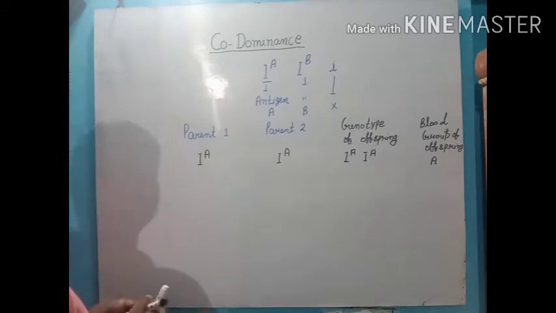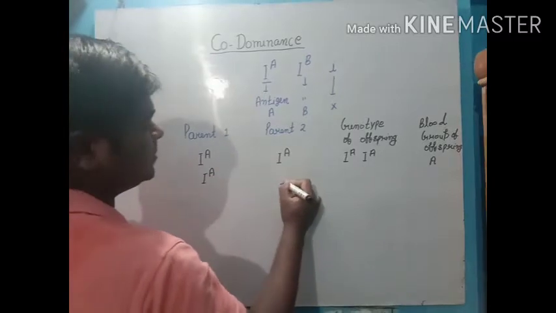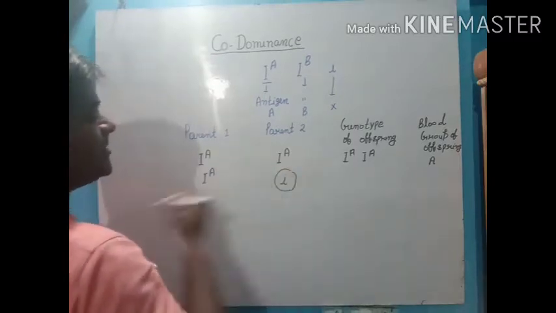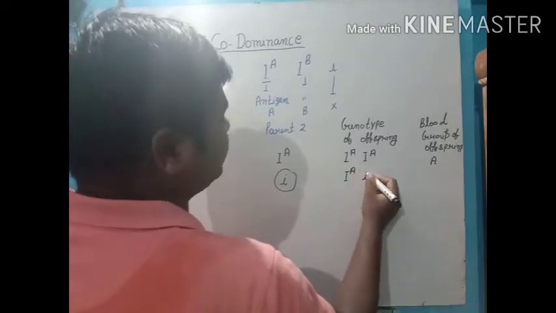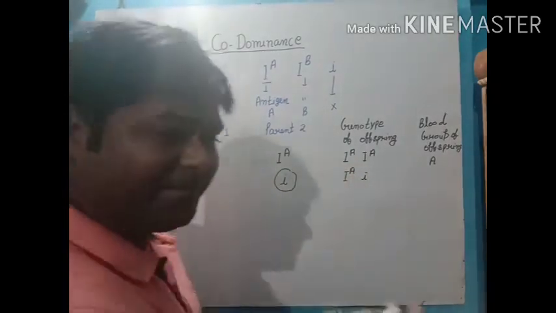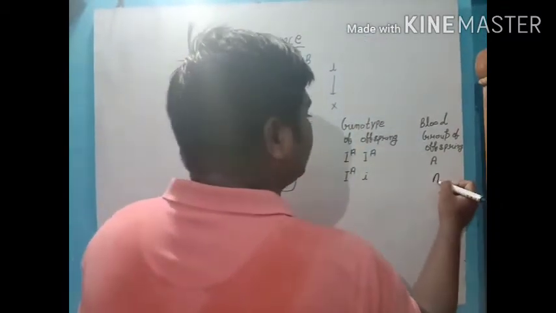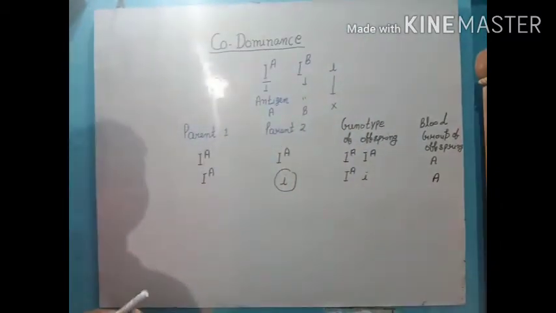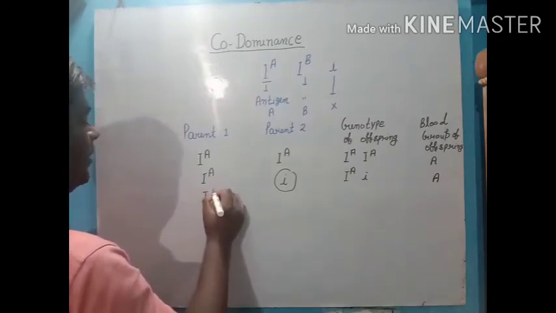Whenever we have this genotype, we know that it is recessive. Write the genotype of offspring. Recessive is not expressing, we know that. What is the blood group of offspring? This one.